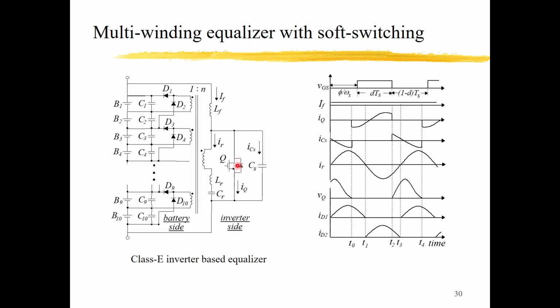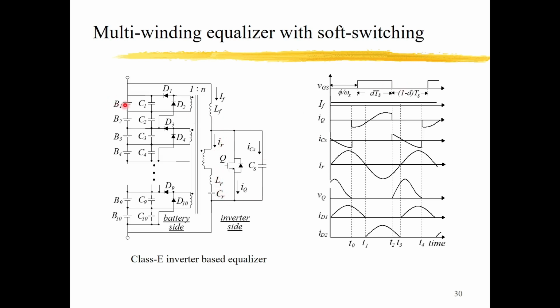Class E inverter can also achieve zero voltage switching, so it can reduce the switching loss. So basically this method is to achieve soft switching to reduce the switching loss.